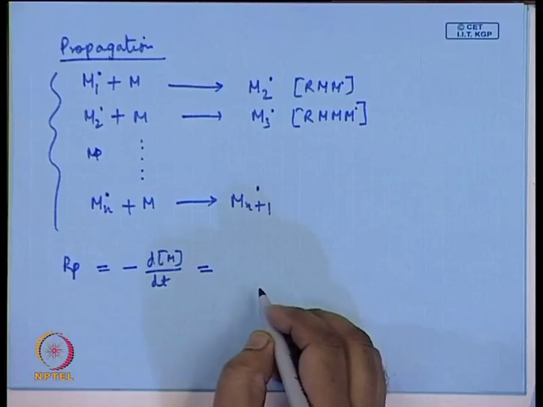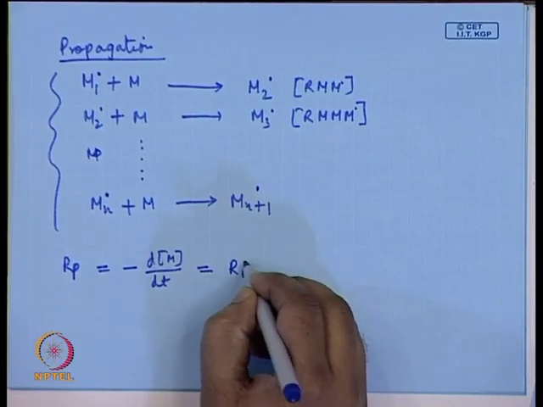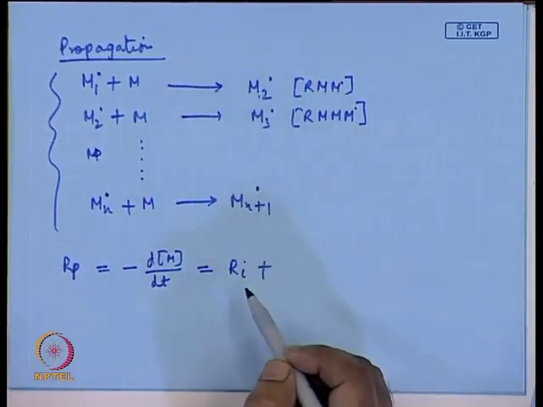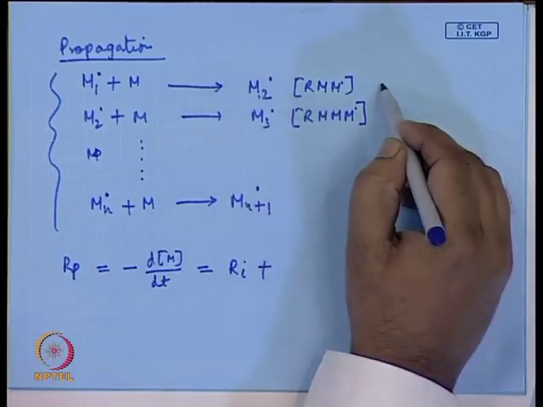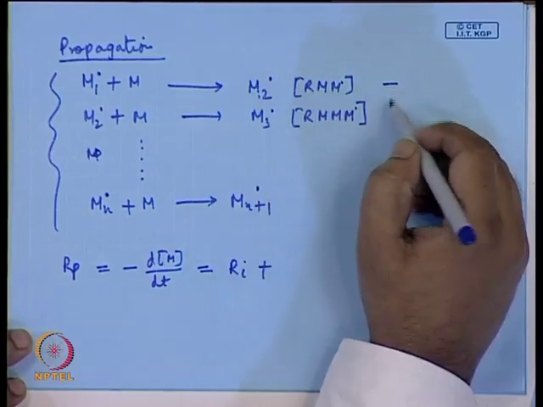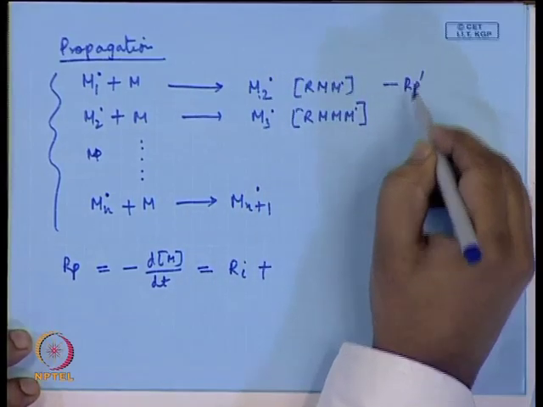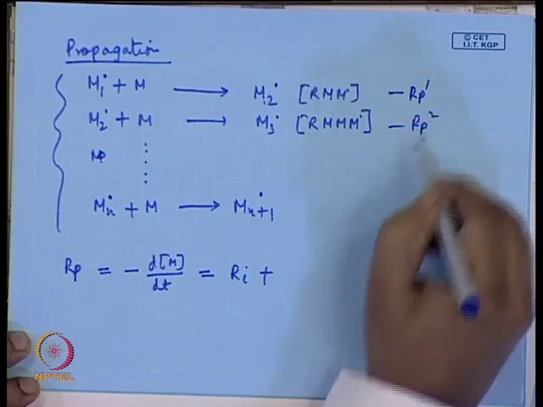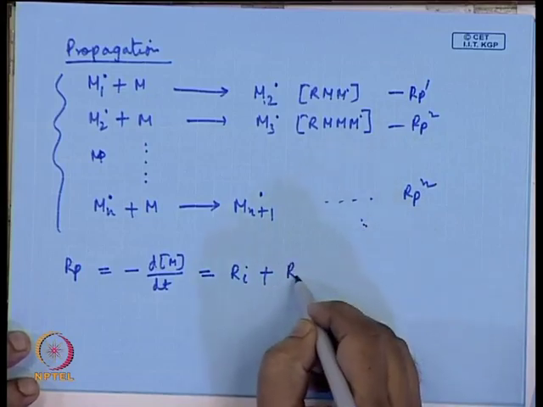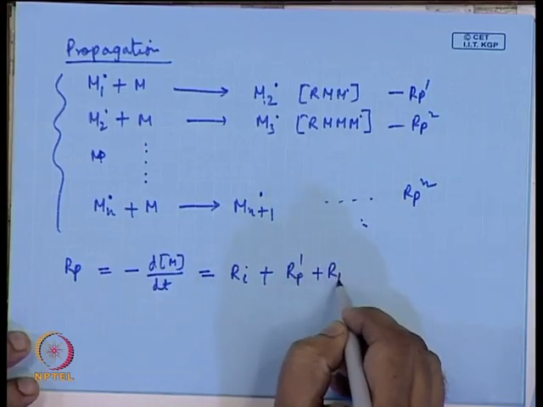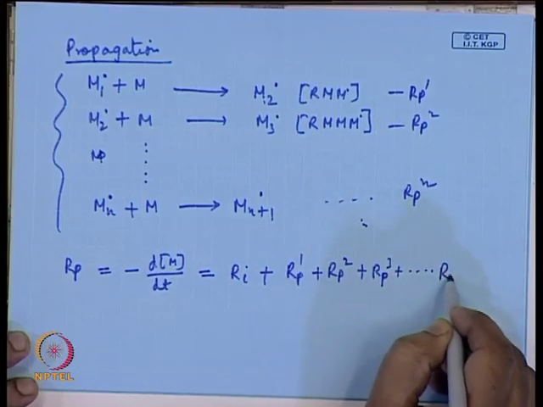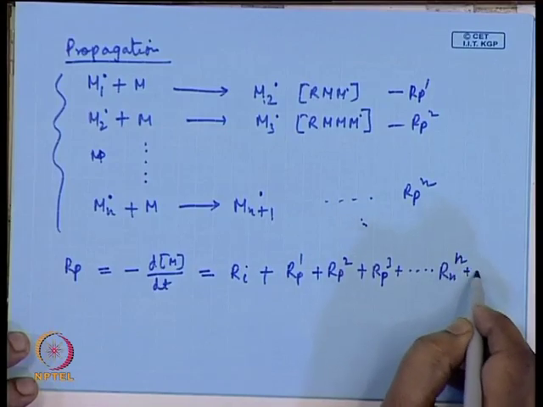So, I write the initiation rate there, plus all these propagation steps: Rp1, Rp2, Rpn and so on. So, Rp1 plus Rp2 plus Rp3 plus Rpn plus so on.